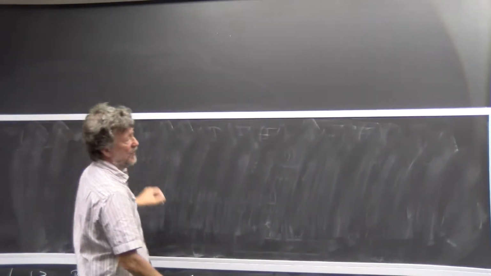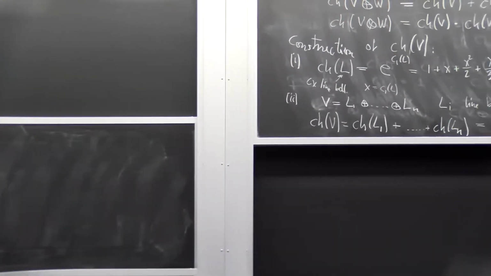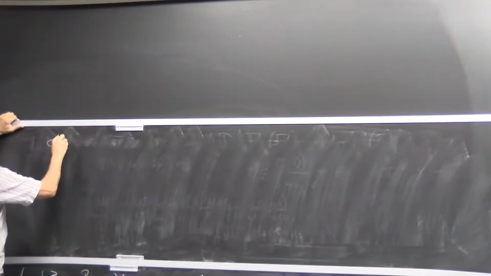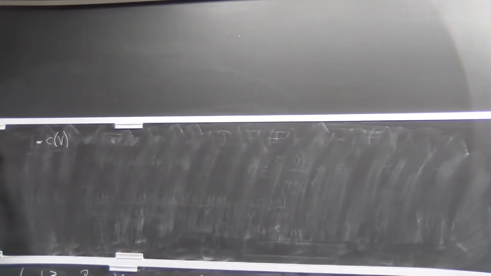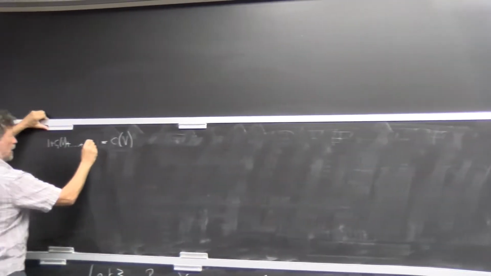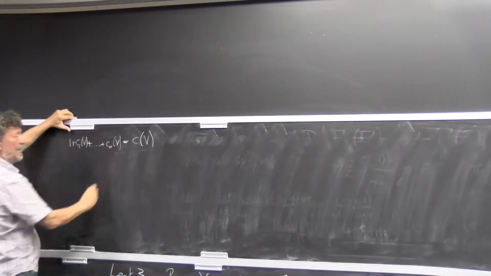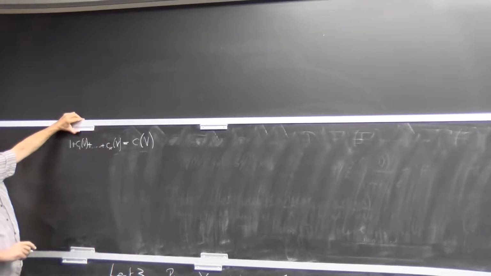So let me contemplate for a moment what the Chern class of V would look like. So what is the total Chern class of V? Well, on one hand, the total Chern class is defined to be 1 plus the first Chern class of V plus the second Chern class of V, up to the top dimensional Chern class, which for this n-dimensional vector bundle would be the nth Chern class, and then it's 0 from there on, right?